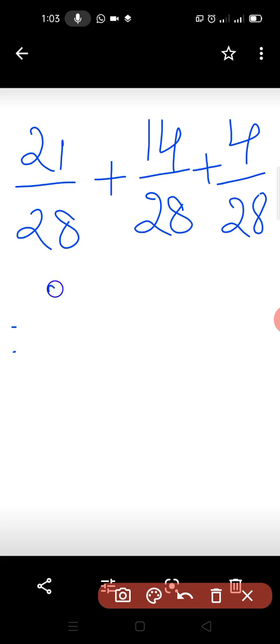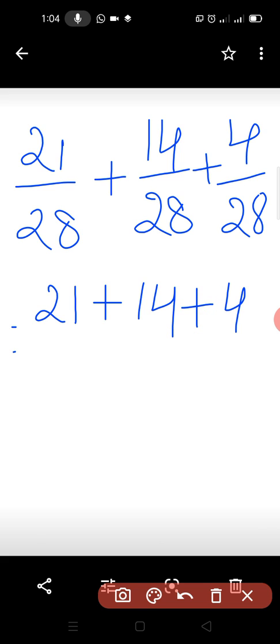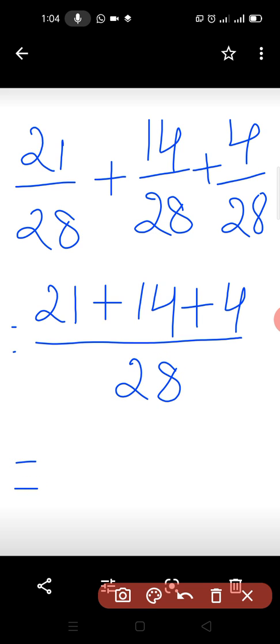Now add only the numerators. 21 plus 14 plus 4 whole by 28. Now 21 plus 14 is 35. 35 plus 4 is 39. 39 by 28.